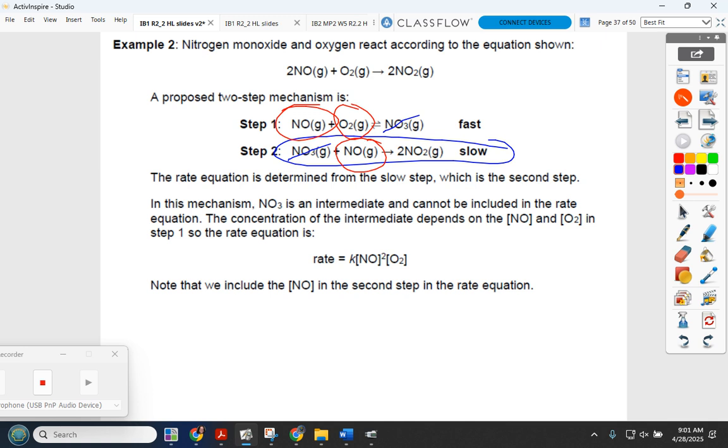We are going to have to add down on the reactant side to show that we have 2 NOs and 1 O2 playing into the rate of the reaction. So when the slow step is first, you pretty much are just looking at the reactants of the slow step. But when the slow step is second or third, you have to think about what is generating the parts that go into the slow step that's determining the reaction rate.